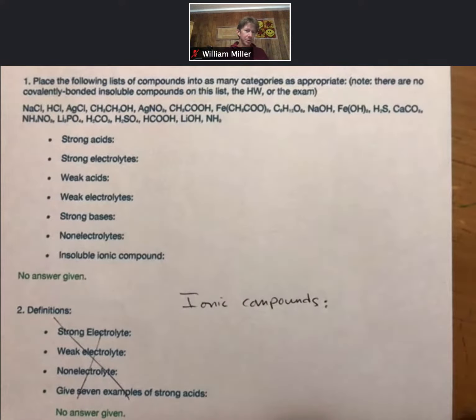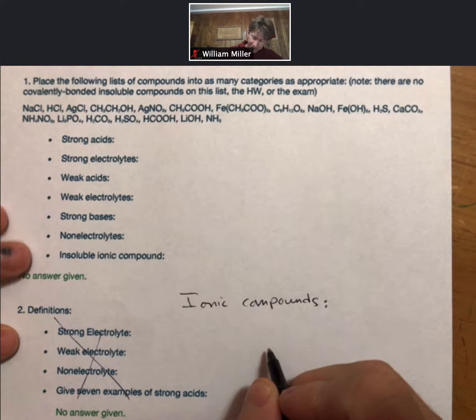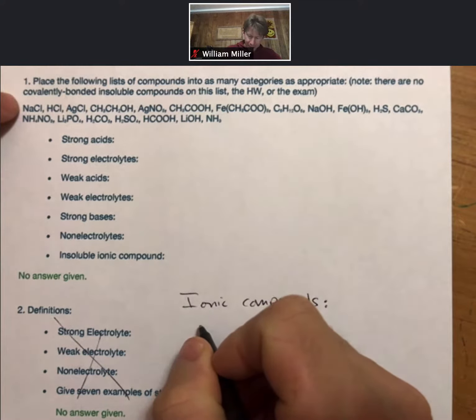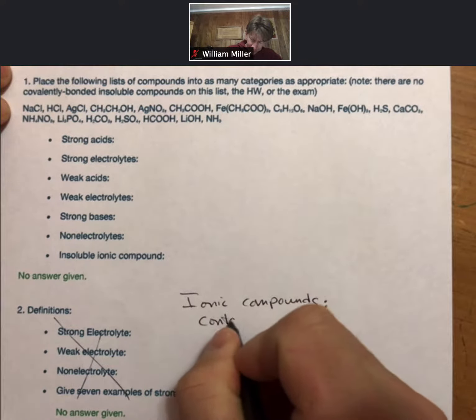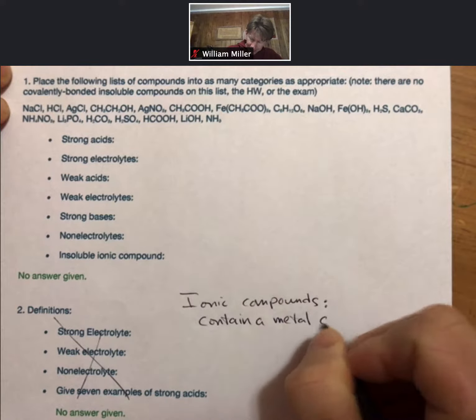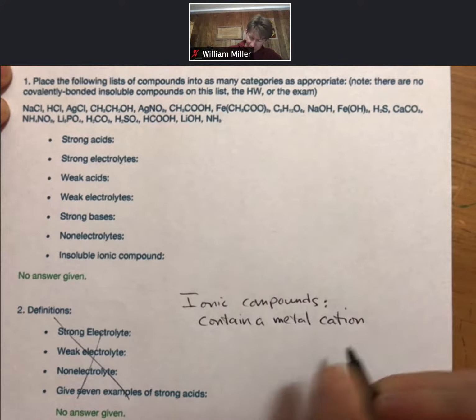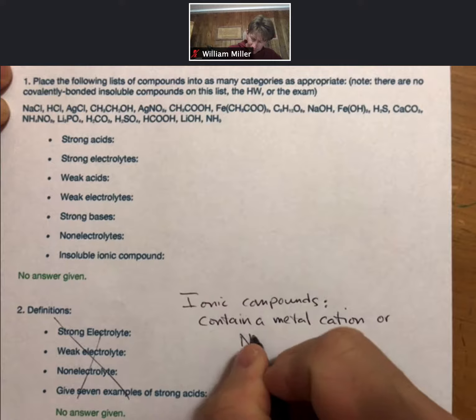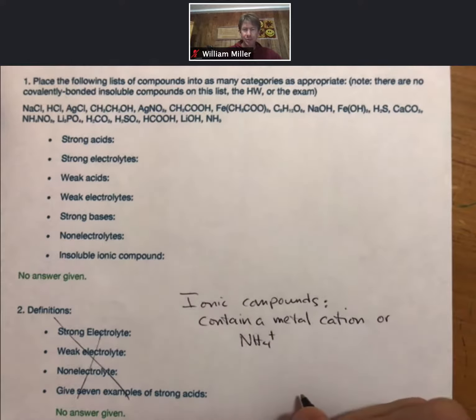Solubility rules for this course can be a little different than some other courses, although they're basically the same. But ionic compounds, the way to recognize them is they contain a metal cation, which is a positive ion, or ammonium, which is NH4+.